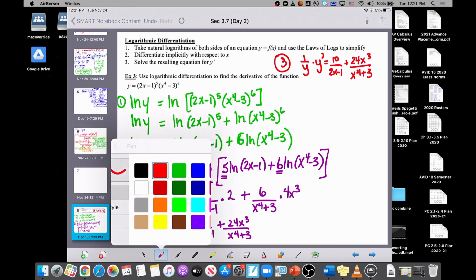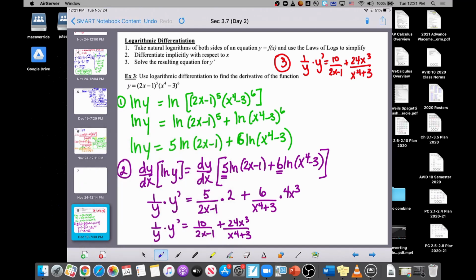So if I want to undo that 1 over y, right, then I need to multiply both sides of the equation by y, because y will cancel the 1 over y.